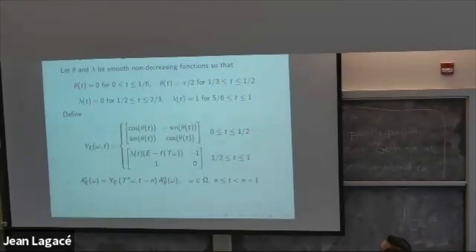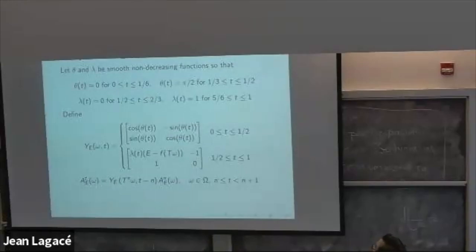This is the homotopy that does it. You want to run from 0 to 1. If you are at 0, then this theta will be 0, and you have cosine of 0, minus sine 0, sine 0, cosine 0. That's the identity. You're good. At t equal to 0, you have the identity.